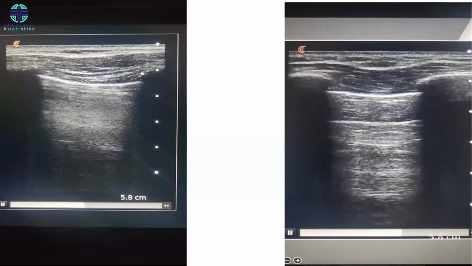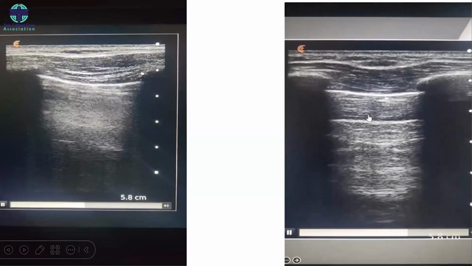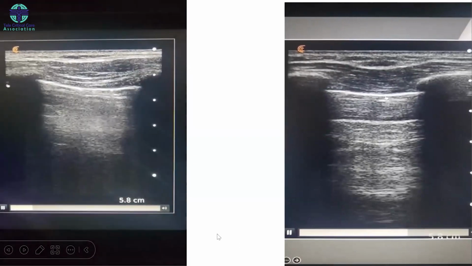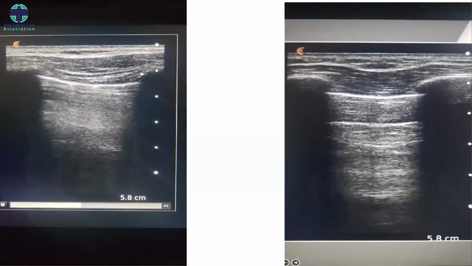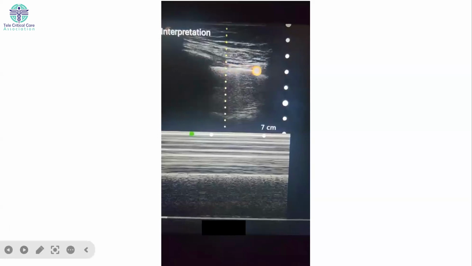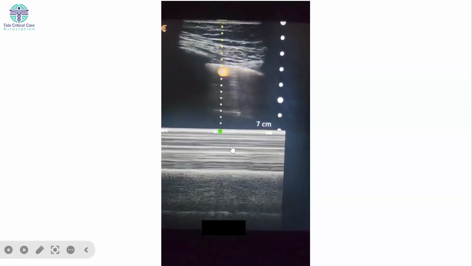Now, in case you are unsure whether it is pneumothorax or not, you can always put an M mode on the area of interest, right? And when you put an M mode, in normal we see a seashore pattern.